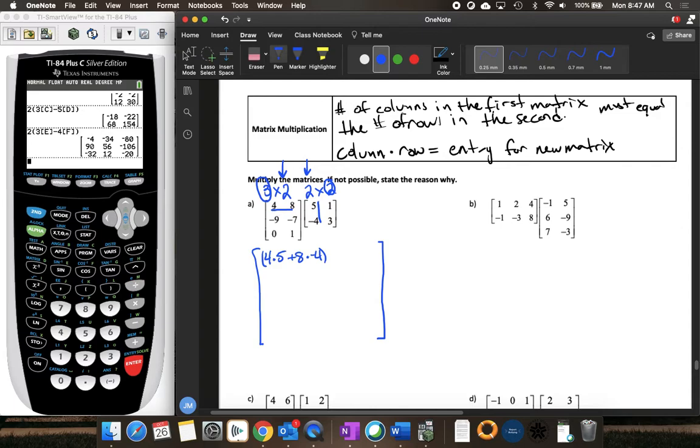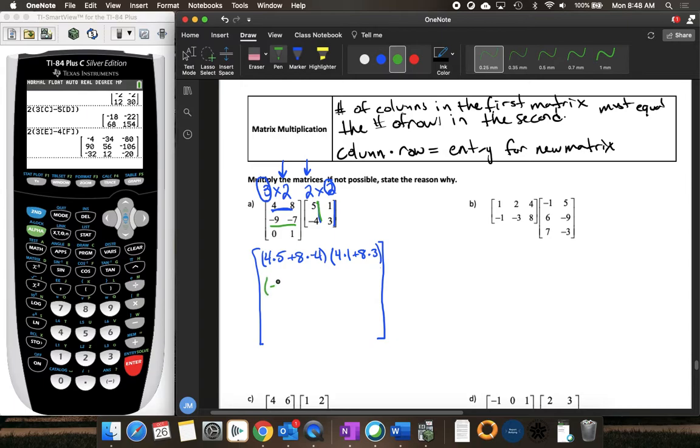You're then going to take that same first row of 4 and 8 multiplied by your second column. So that would be taking 4 multiplied by 1, and then taking 8 multiplied by 3. And so that's the first row multiplied by the second column, and so it will be the entry on the first row and second column of your new matrix. We'll then take our second row multiplied by the first column.